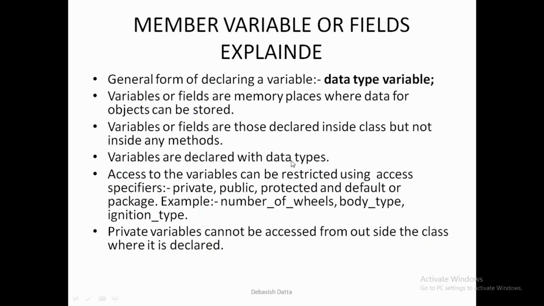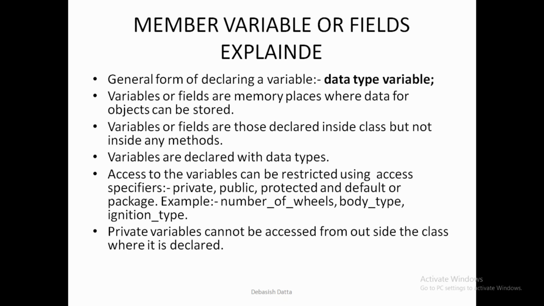Variables are declared with data types that we have already seen. Access specifiers are used to restrict the access to the member variables. Access specifiers are private, public, protected, and default or package. The fifth and sixth points are more related to inheritance and will be discussed in the appropriate chapter.